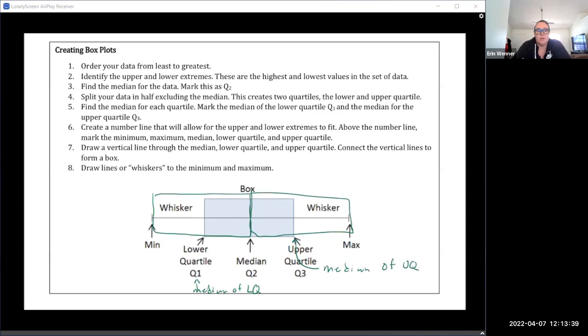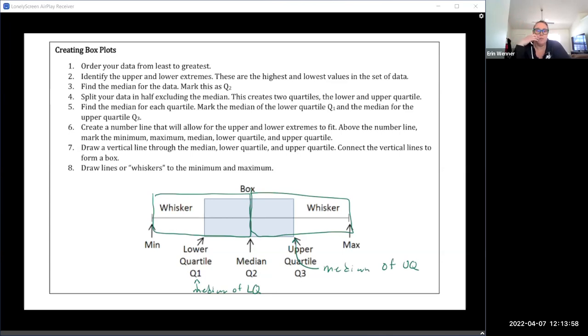And then you create a number line, and that will allow for the upper and lower extremes to fit. Make sure your number line has uniform ticks on it, like you're going by 5s or by 10s or whatever makes sense for your data.